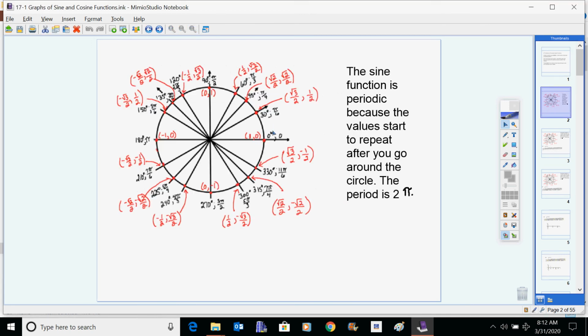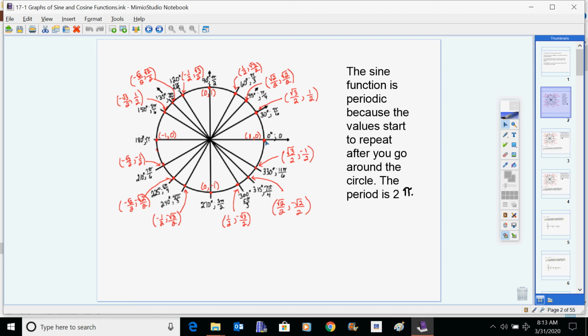So here's our unit circle, just to remind you. And as you go around it, like you're at 0 radians here and you go through pi over 2 radians, you go through pi radians and 3 pi over 2.